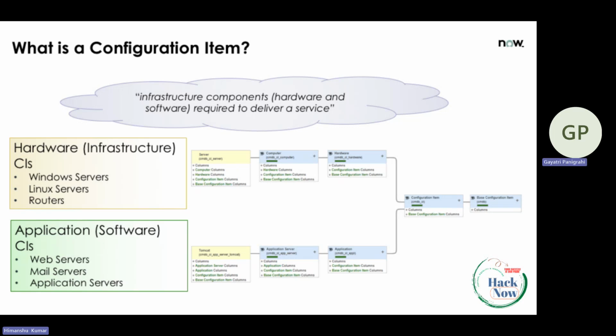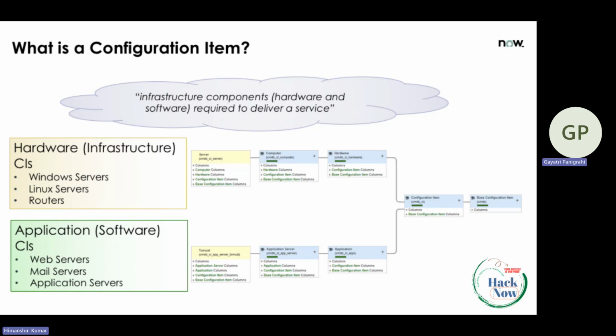In the software table, there is information about applications, like installed applications such as the Apache server and MongoDB details, which are installed in a system and go in the CMDB application table.